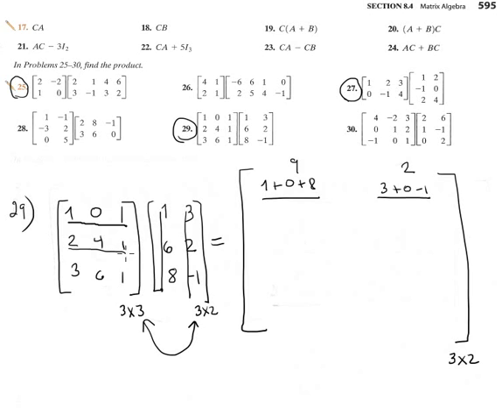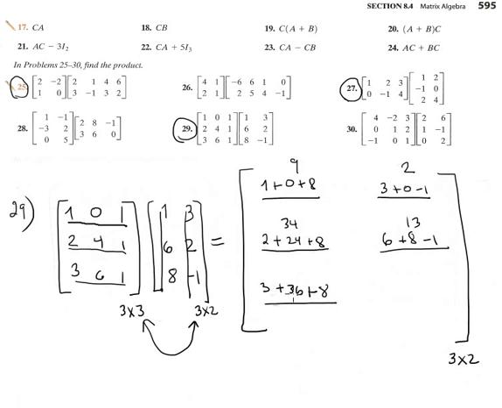Now the second row multiplied by the first column is 2 plus 24 plus 8. The answer is 34. Now by the second column is 2 times 3 is 6, plus 8 minus 1, 13. Now the third row in the first column is 3 plus 36 plus 8.